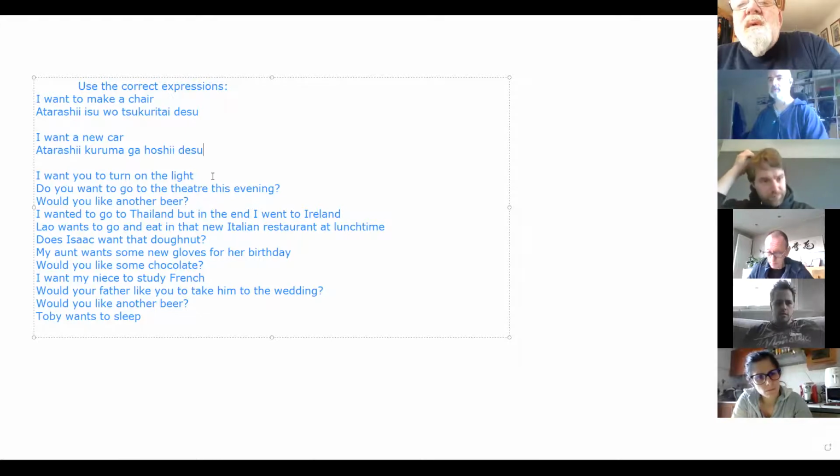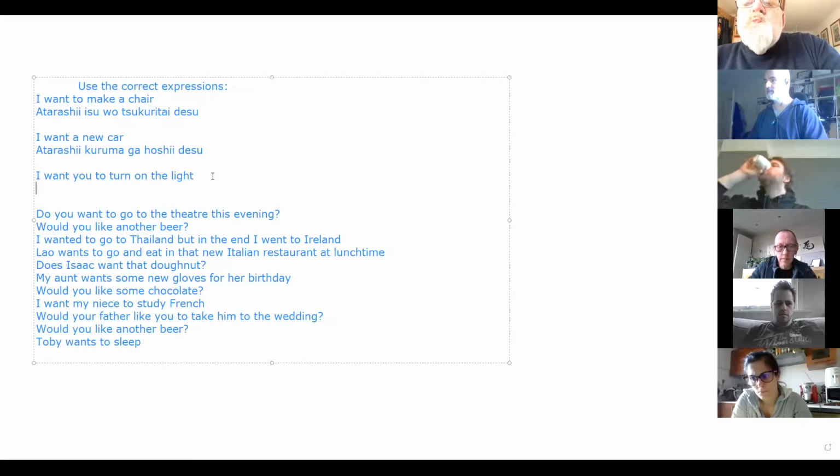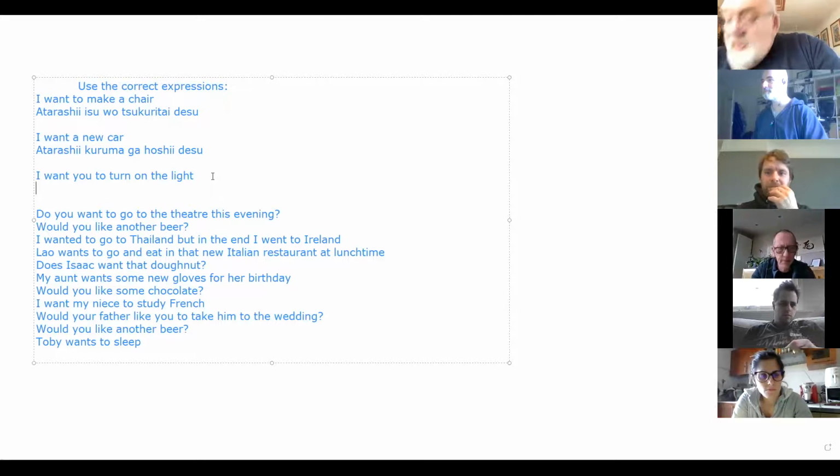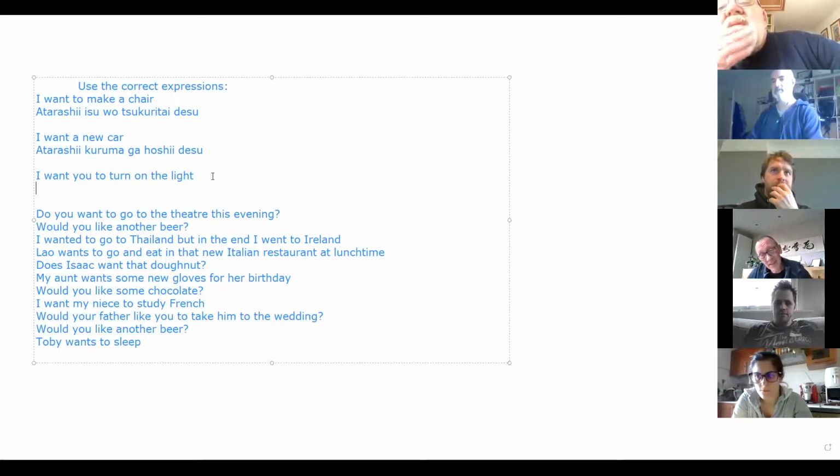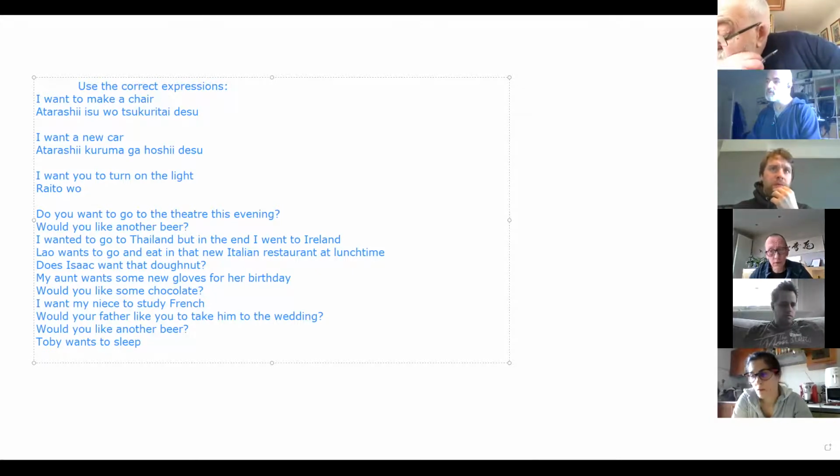Luke, did you have this one? I want you to turn on the lights. Are you muted? Still muted on Zoom. The light. Raito or how? Lighto is fine, actually. Raito tsuku hoshi desu.